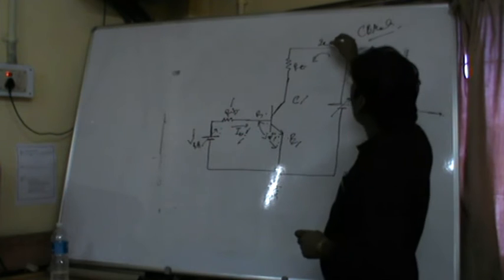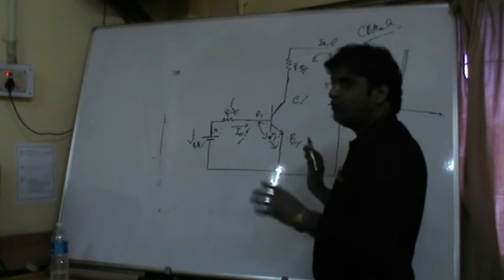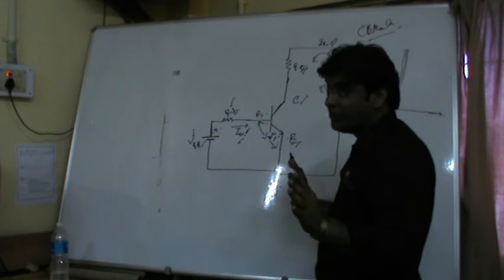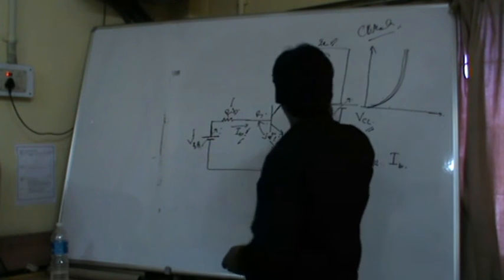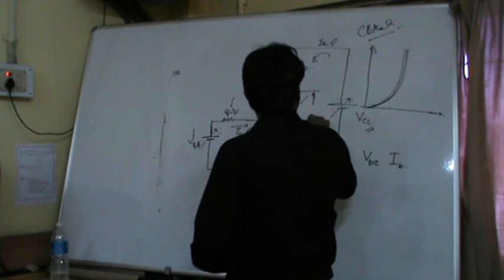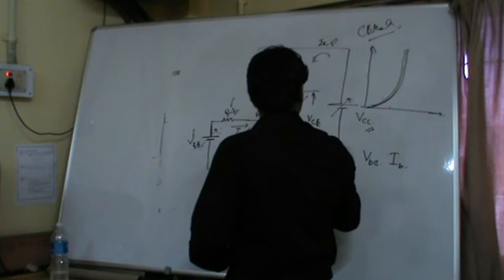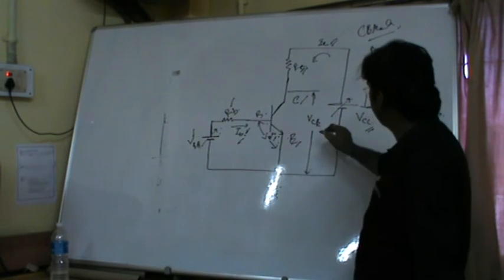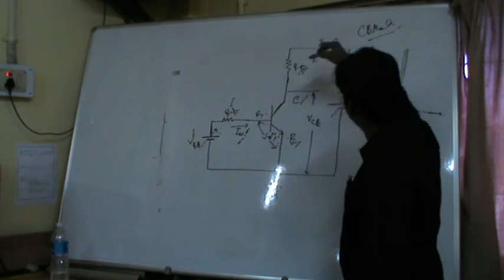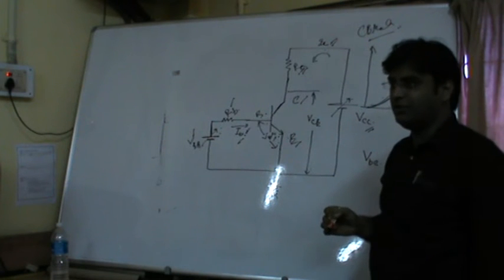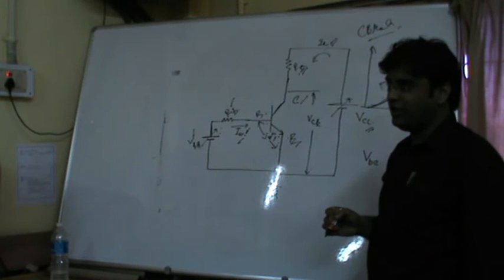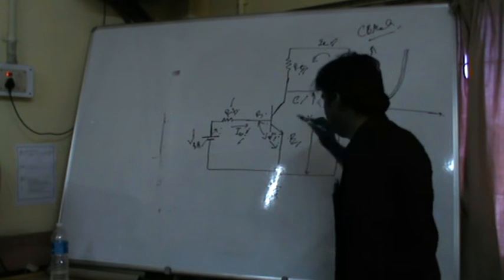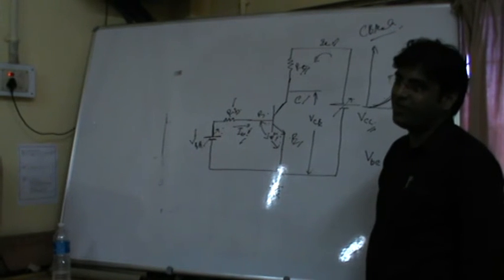VCC, IC, RC. Here one voltage, that is VCE, IC, RC, VCC. That's all. Okay, IE. Clear? Or anything?